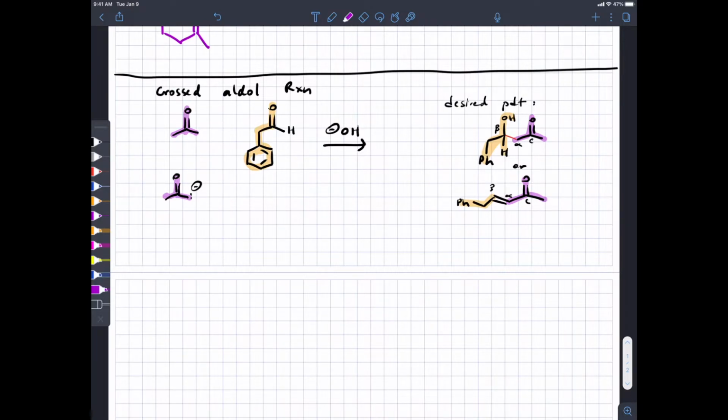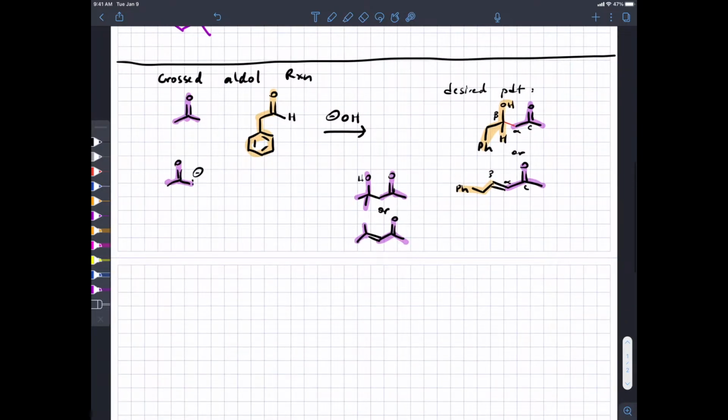The self-aldol of the ketone. So that would be this product, or alternatively the corresponding alpha beta unsaturated carbonyl compound that we would get from two of the ketones with each other.